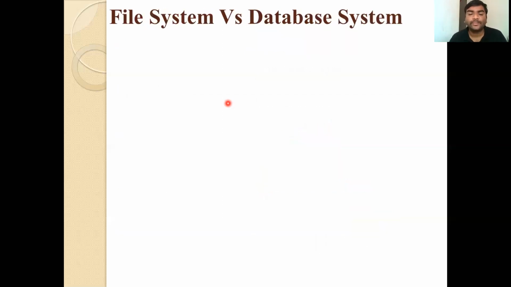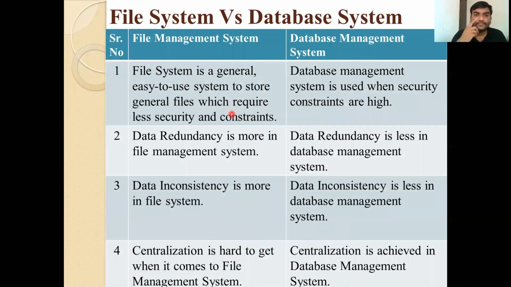Next topic, we have to see the file system. What is the file system and how does DBMS overcome the file system? The file system is a general system, easy to use, to store general files which require less security and fewer constraints. That is the drawback of the file system.